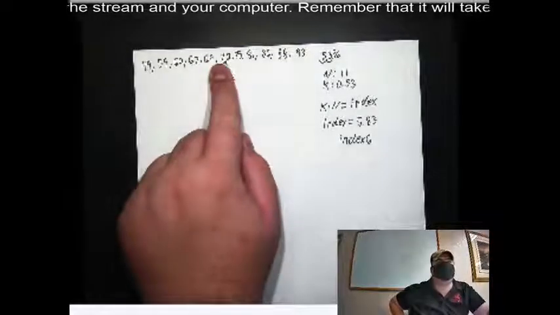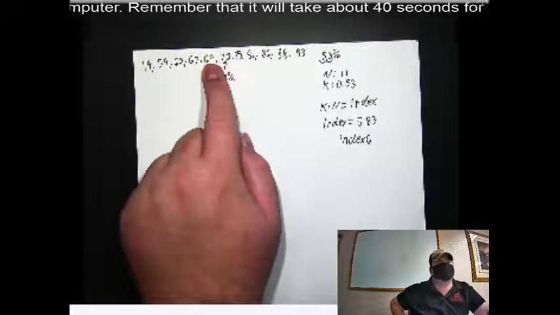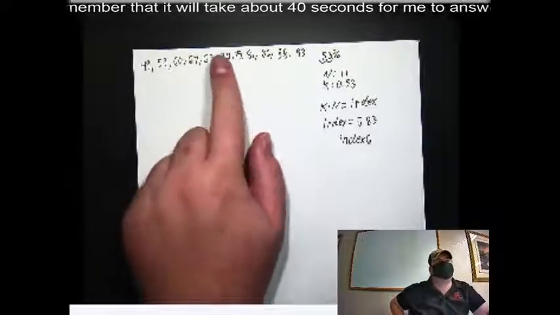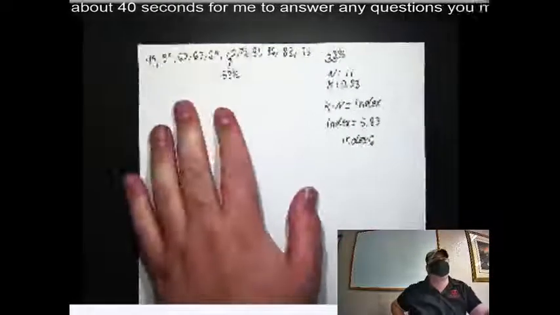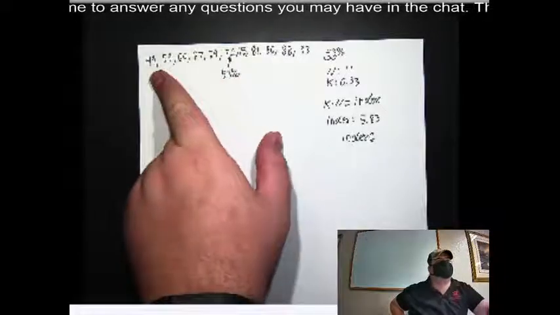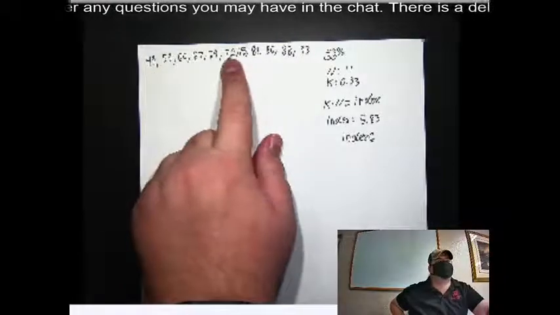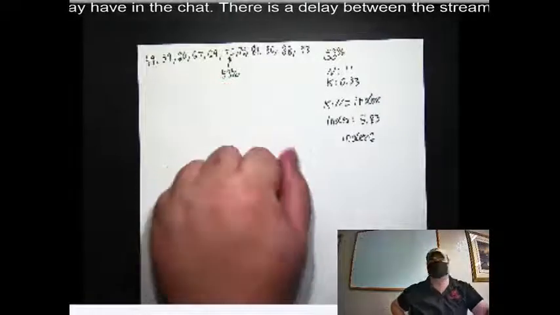We don't have 71 in our data. It goes from 69 to 72. So we're going to ignore those numbers. That's why we're rounding to the nearest whole number. And so what we can say now is that all of these data points are in the lower 53% of our data.